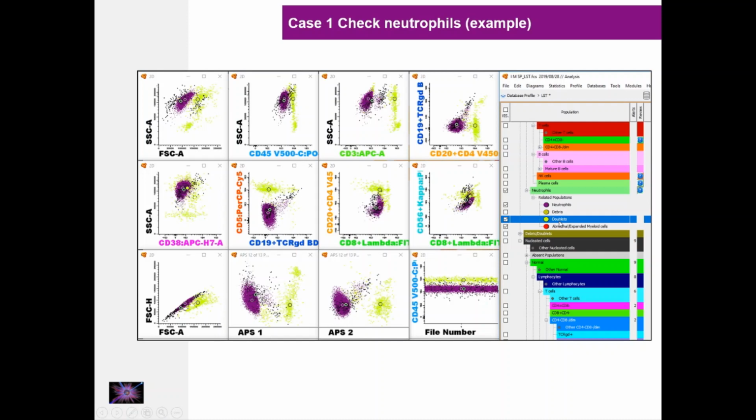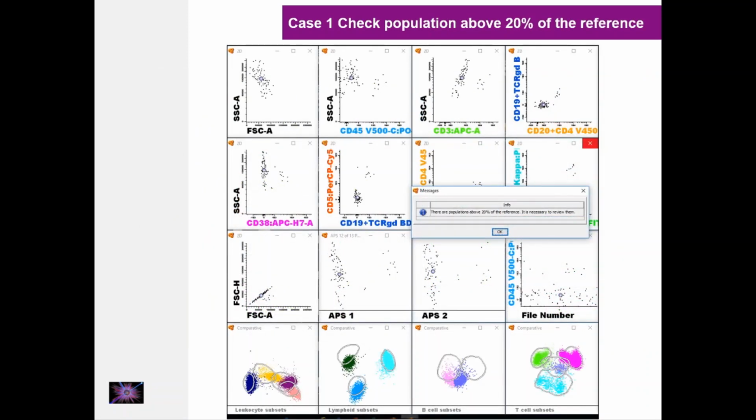We just have to assign them into the correct population, and then we move on. And when we finish, there comes this pop-up window in this case, because it's a pathological sample, and it says that there are populations above 20% of the reference, and it is necessary to review them.